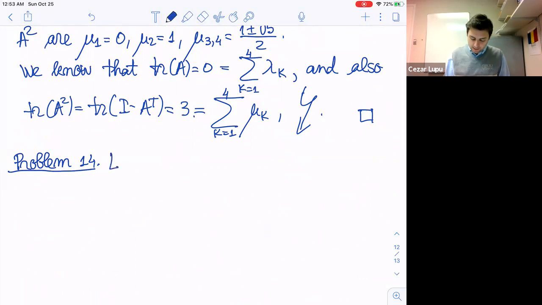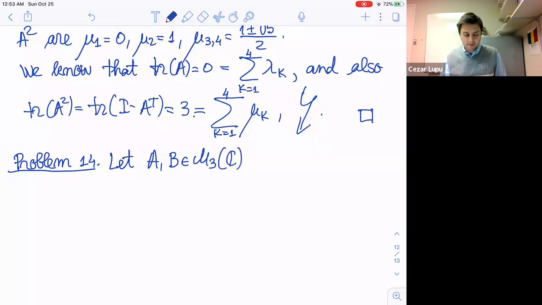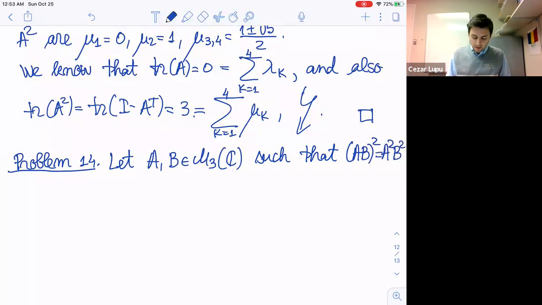Let A, B be 3 by 3 matrices with complex entries, such that the following conditions are true: (AB) squared is A squared B squared, and B A squared is the same as B squared A squared.